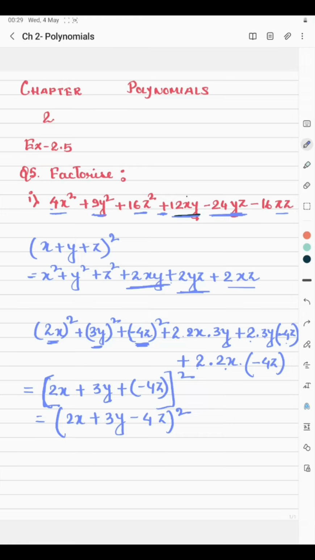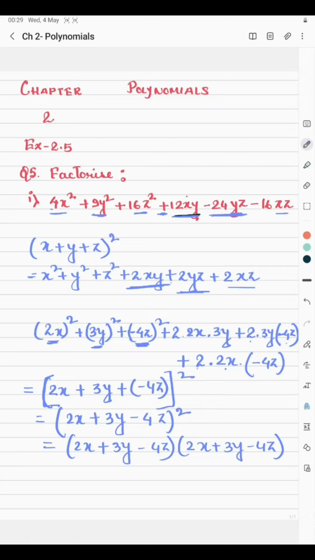So this is the answer of the first part. You can write it as 2x plus 3y minus 4z multiplied by 2x plus 3y minus 4z. Since the degree is 2, we have written the factor twice.